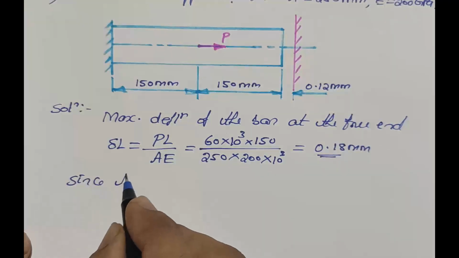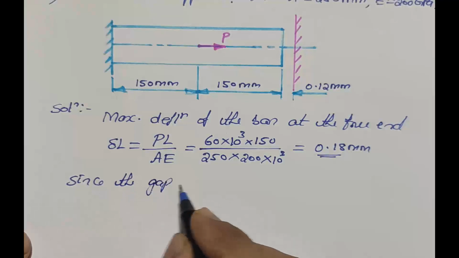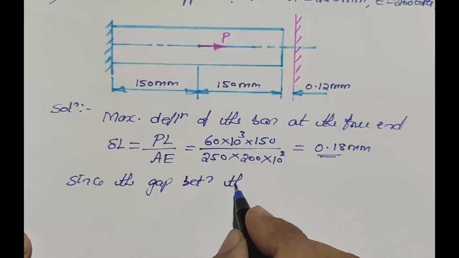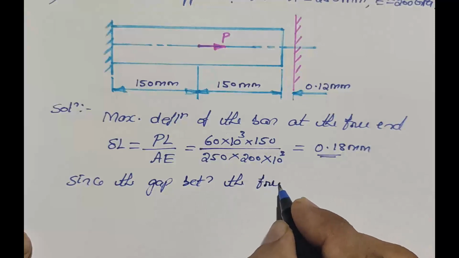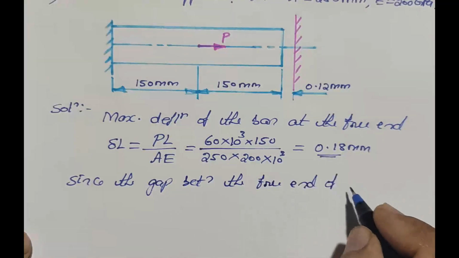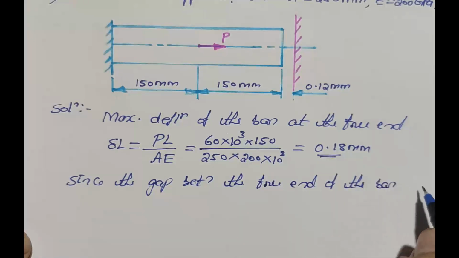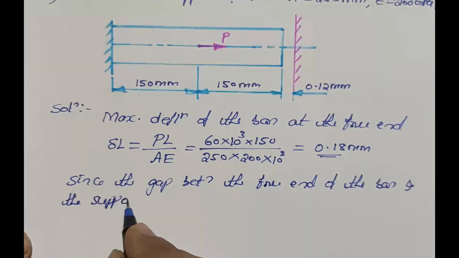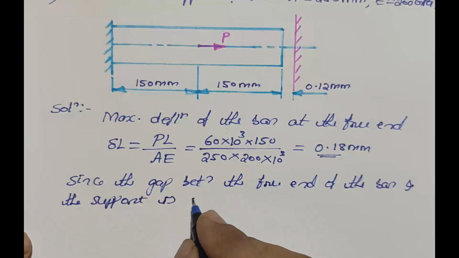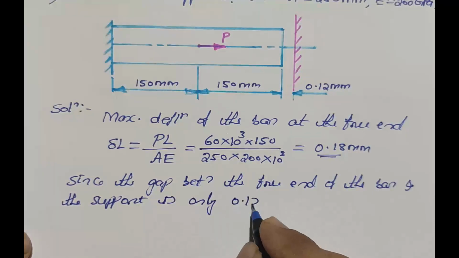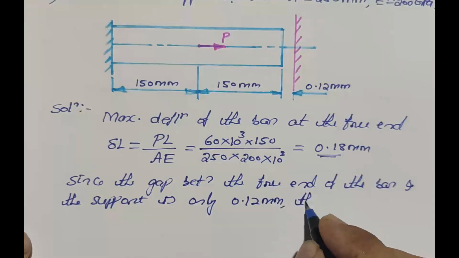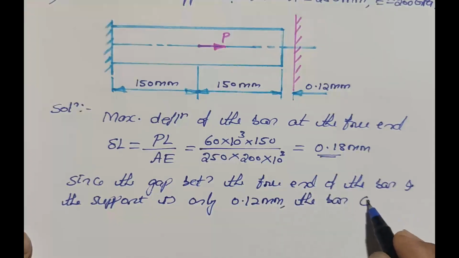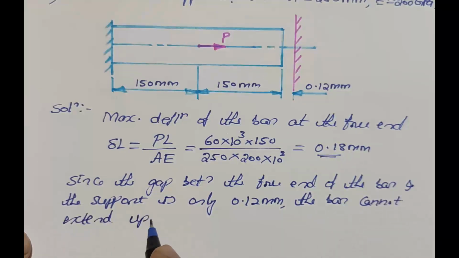Since the gap between the free end of the bar and the support is only 0.12 mm, the bar cannot extend up to 0.18 mm.